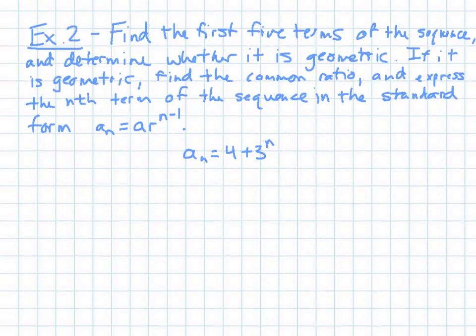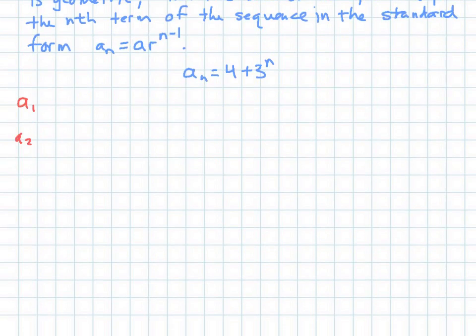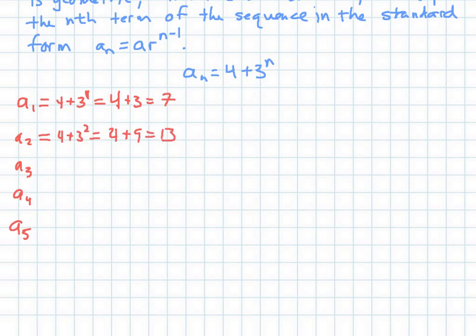Example 2 says find the first 5 terms of the sequence and determine whether it is geometric. If it is geometric, find the common ratio and express the nth term of the sequence in the standard form. So here I want to find a sub 1, a sub 2, a sub 3, a sub 4, and a sub 5. So I get 4 plus 3 to the first, which is 4 plus 3, which is 7. Then 4 plus 3 squared, which is 13.